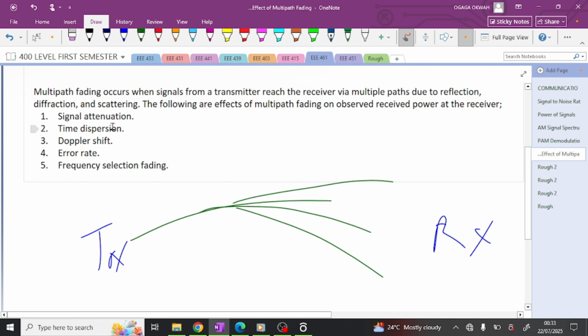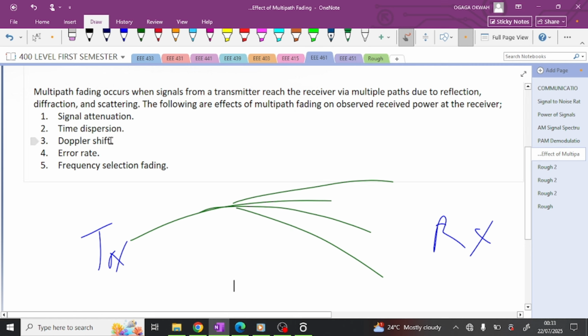And then time dispersion. This means that due to these multipaths, the signal may be delayed, and it may lead to different time delays from one signal to the other, in comparison of different signals sent from the transmitter to the receiver.